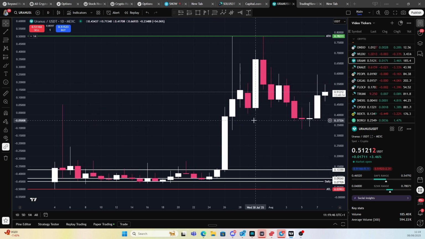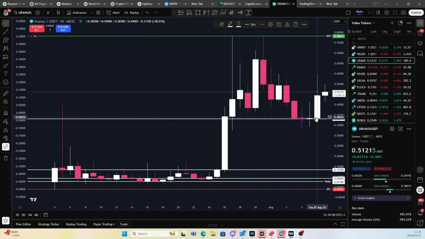So coming along, what do we have? We have a level here. That is the pivot point. So we go daily, daily. There is a level here.